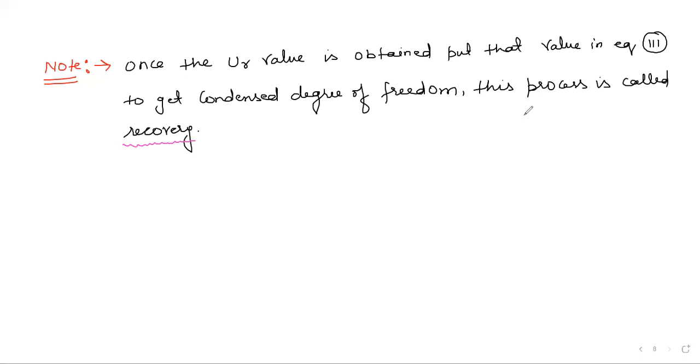So what can we do? We can take U1, U2, U3 as retained degrees of freedom and V1, V2, V3 as condensed degrees of freedom. And by using this concept, we can find U1, U2, U3 by a reduced matrix of size 3 by 3.